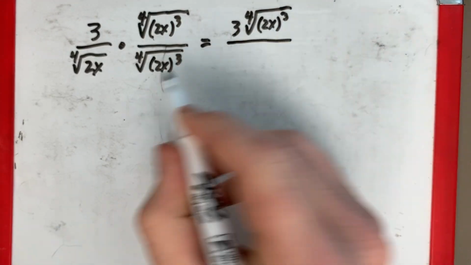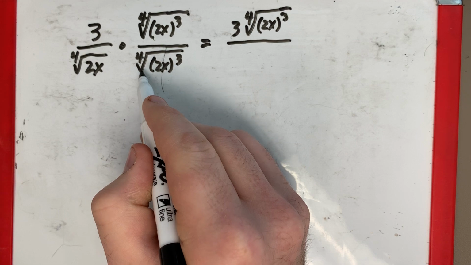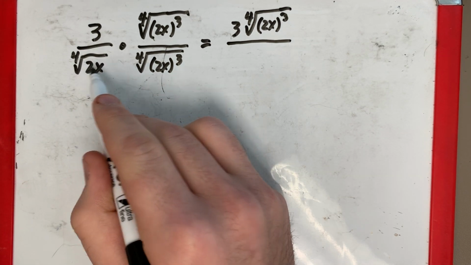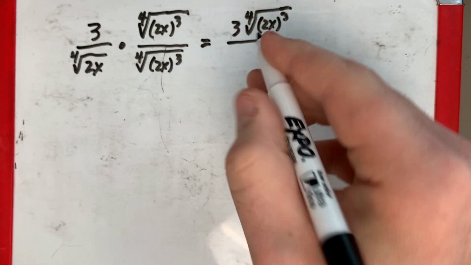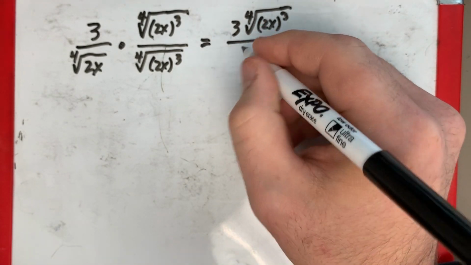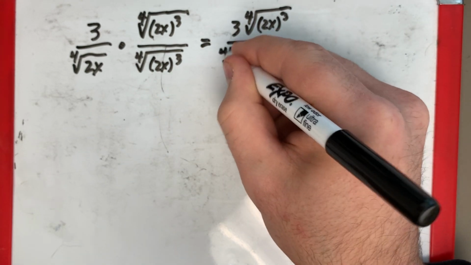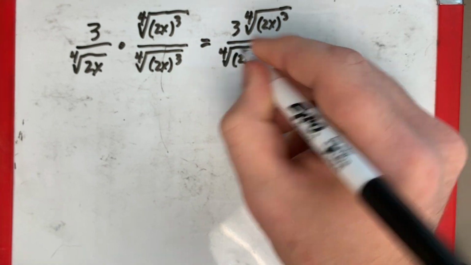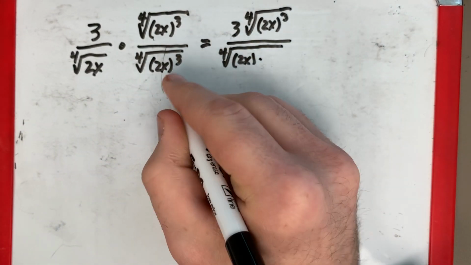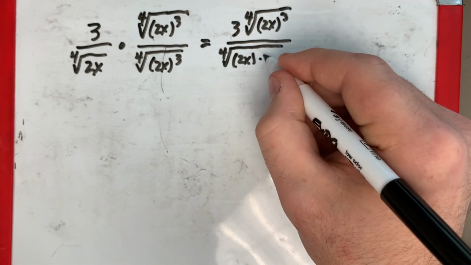And then in the denominator, I have the same power on both of these guys, the same radical. So using the product rule for radical expressions, this gives me one big radical with 2x from this guy times 2x cubed from this guy.